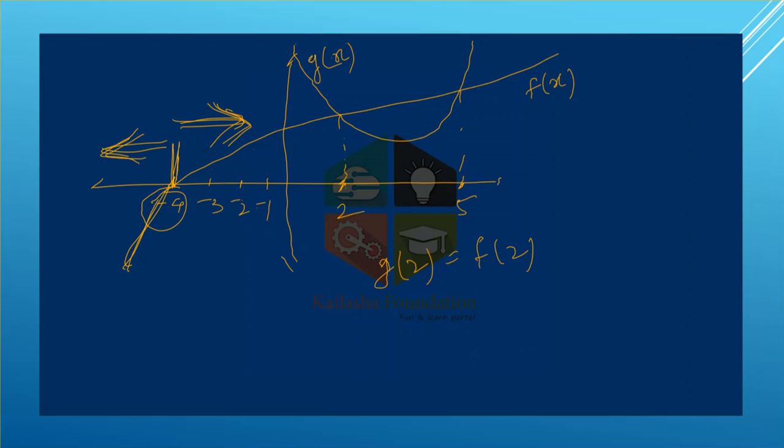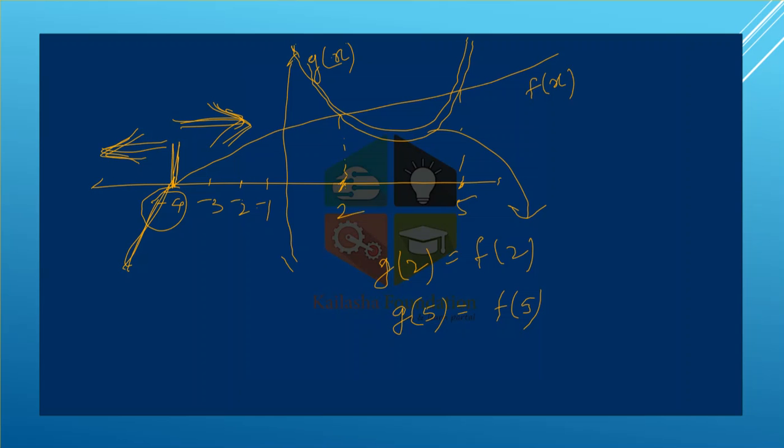Also g(5) is equal to f(5), and these are the two intersection points of these graphs. g(x) is always positive. g(x) is nowhere below the x axis, so it is always positive.